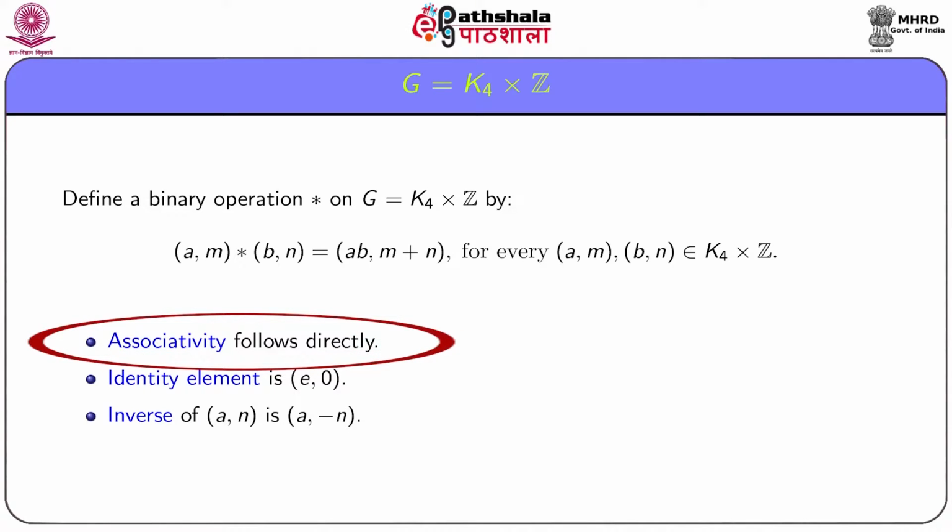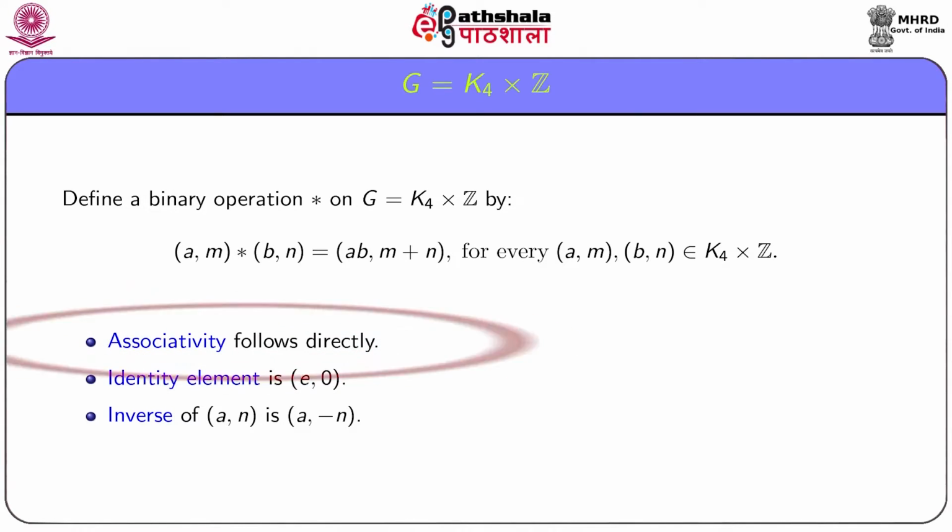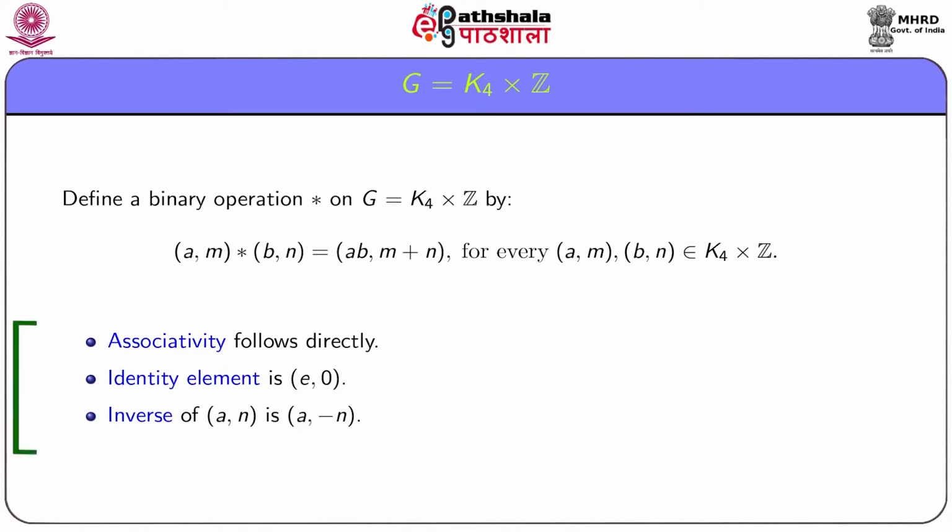Now, we see that in fact G forms a group with respect to this operation. Associativity follows directly from that of K4 and Z, and you can check that the identity element will be (e, 0), where e is the identity element of K4, and 0 is the identity element of Z plus. The inverse of (a, n) will be the inverse of a and the inverse of n.